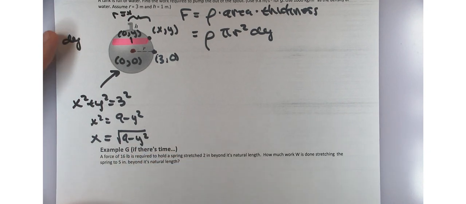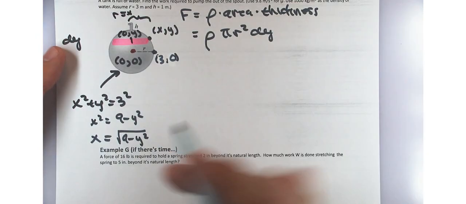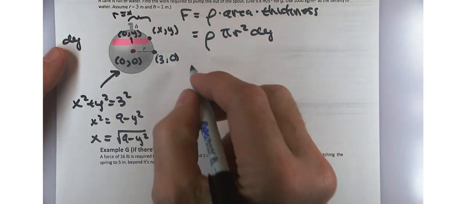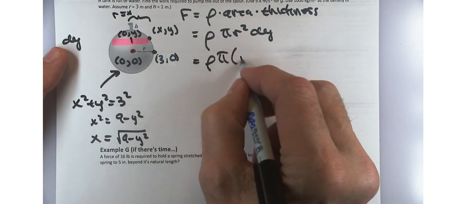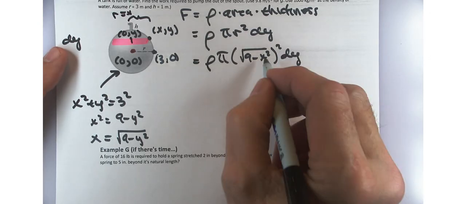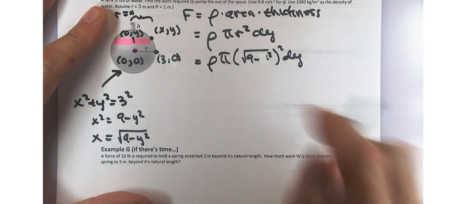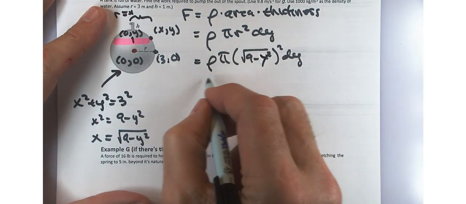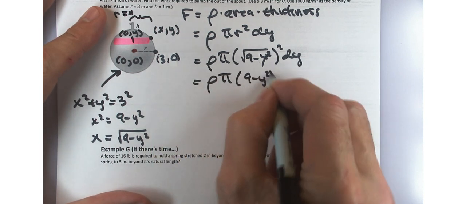Now there's something nice that's going to happen when we put this back into our formula: the r squared is going to cancel out with that root. We could have gotten away with things just here, but it's not always easy to anticipate all those things. Square root of 9 minus y squared, squared again. Those two are going to cancel each other out. So we'll end up with rho times pi times 9 minus y squared dy.